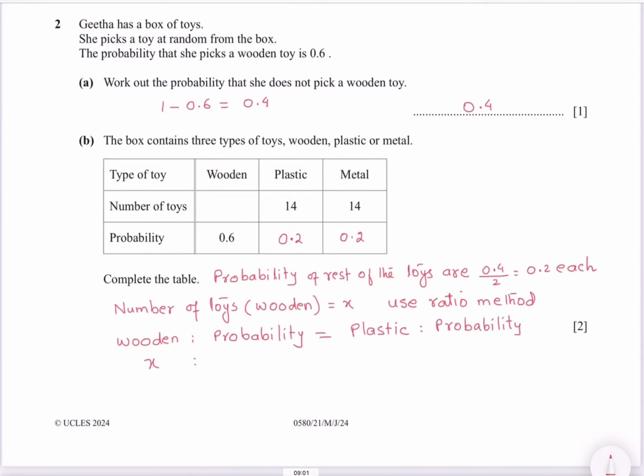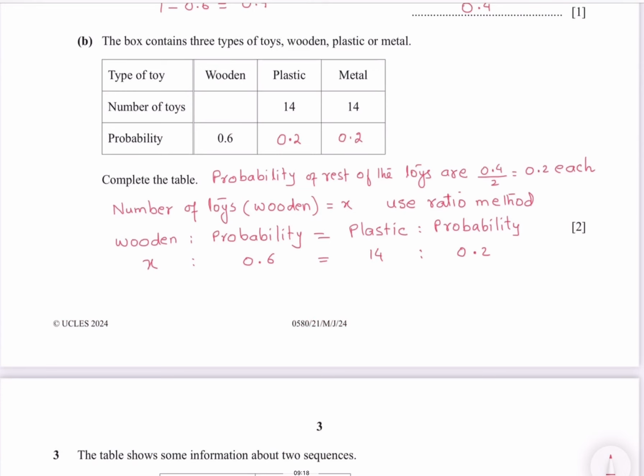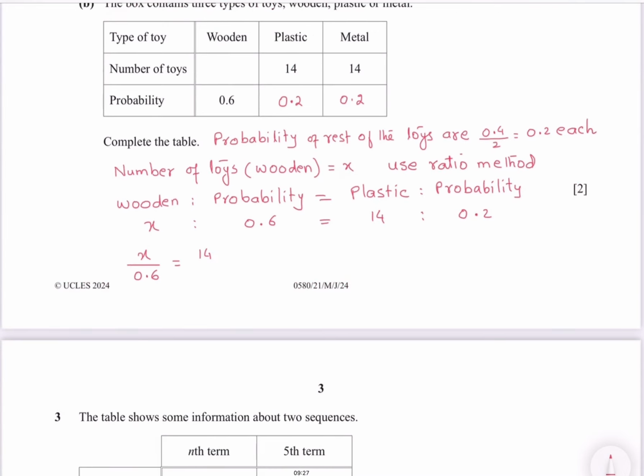So x under wooden, and the probability of wooden pick is 0.6, and 14 under plastic, and its probability is 0.2. Now make the fraction x over 0.6 equals 14 over 0.2. Cross multiply. From here you can find the value of x, which is the number of wooden toys, 42.